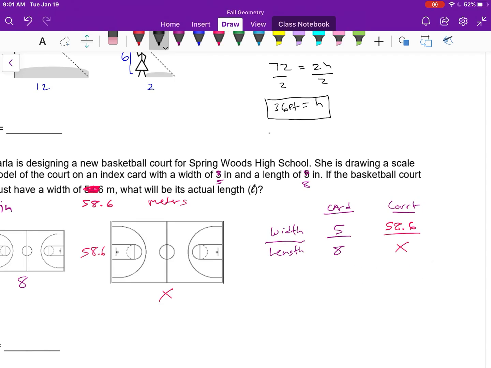So we're going to set this up now and solve for X. You can cross multiply 5 times X, and then you have 8 times 58.6. So you have 5X equals 58.6 times 8, which gives you 468.8.